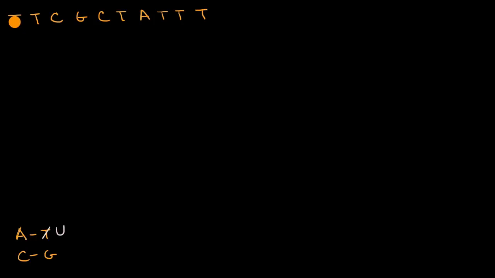So the RNA here is, the thymine in the DNA would correspond to an adenine in the RNA, adenine, guanine, cytosine, guanine, adenine. And now since this is an RNA strand, instead of having a thymine right over here, this would be a uracil, adenine, adenine, adenine. So this process that we just did, this is transcription.